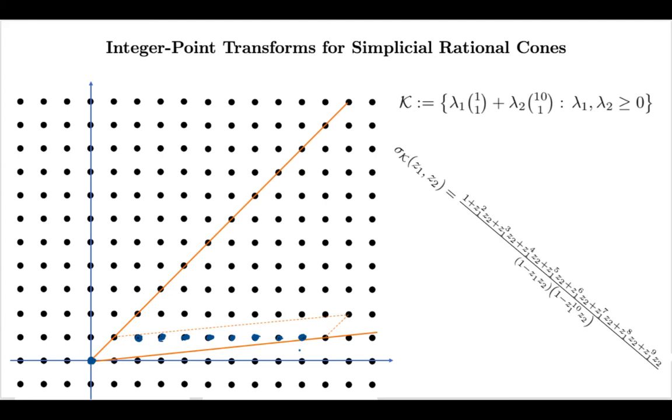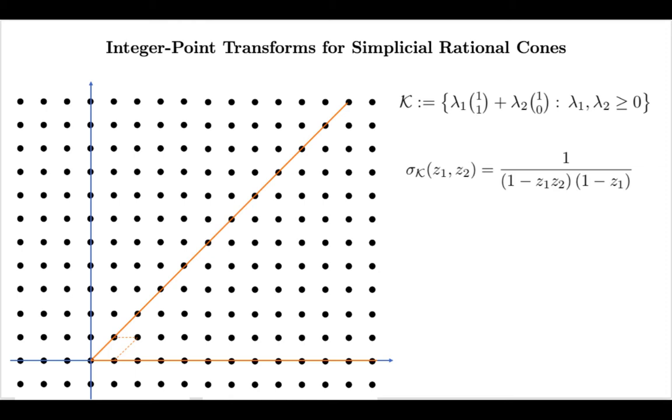Once more, let's change this cone just slightly. Again, I will change the second generator and now put this generator on the x-axis. So I will use the generator (1,0). You might say this is almost the same cone, but you can see the arithmetic of this cone is quite different.